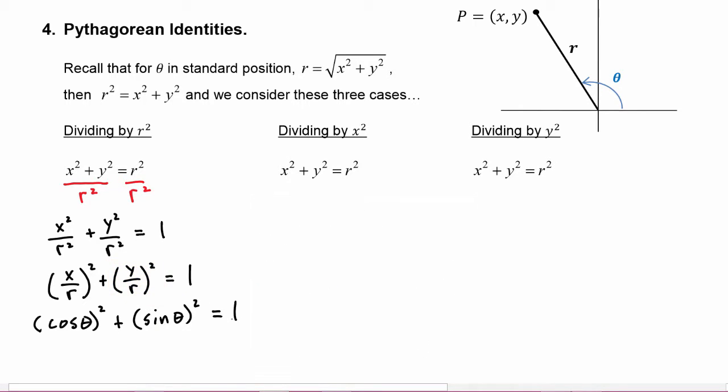If you recall from a previous lesson, we can use shorthand to write this as cosine squared of theta plus sine squared of theta equals 1. And this is the first of the Pythagorean identities.